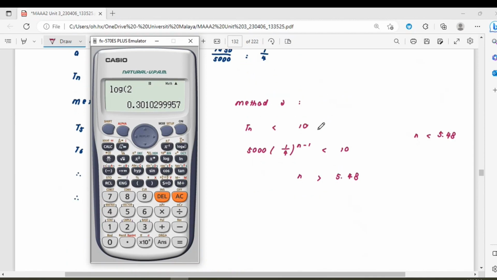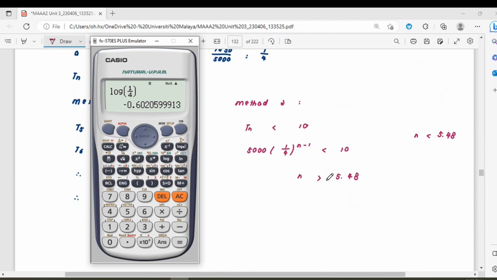But in this case, why I need to flip my sign is because if I go and log 1/4, it will become a negative number, which means I will have a step where I need to divide by a negative number if I am doing everything manually properly. So that's why when I divide by a negative number, I need to flip my sign.